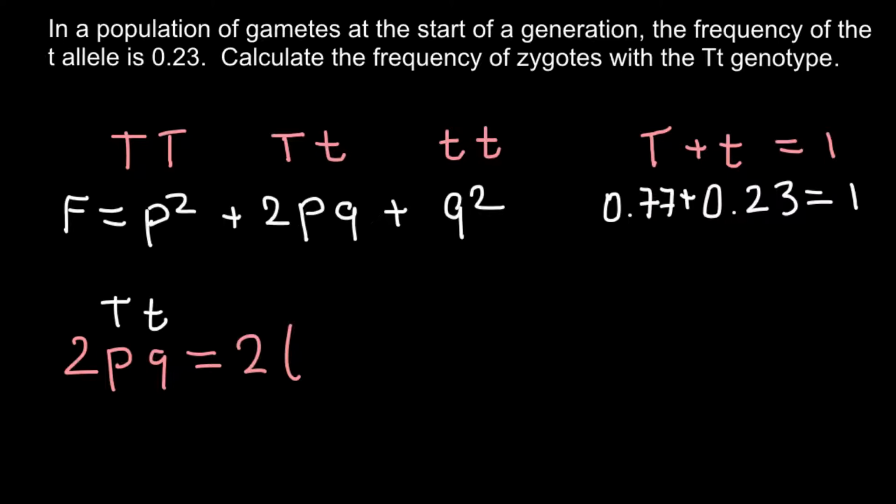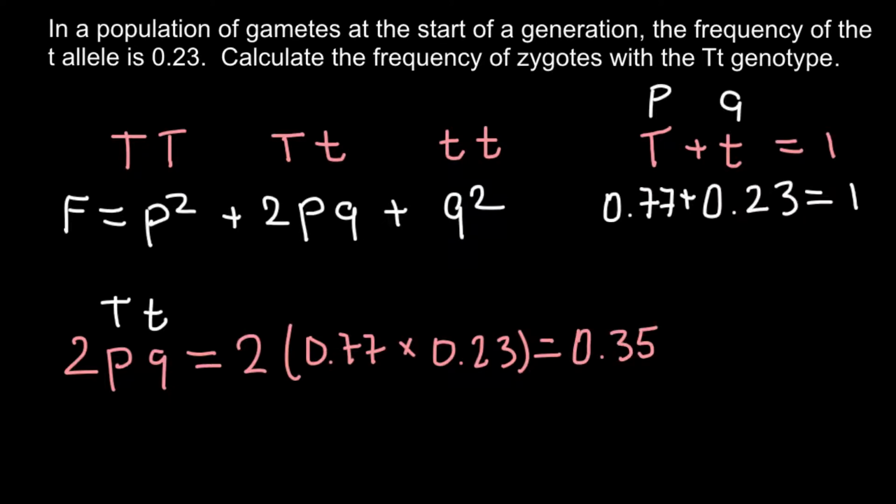So let me put this notation here, p and q in our formula. So we have to multiply by number p, which is 0.77, and by number q, the recessive allele t frequency, which is 0.23, and the answer would be 0.3542. So this is going to be the frequency of this genotype.